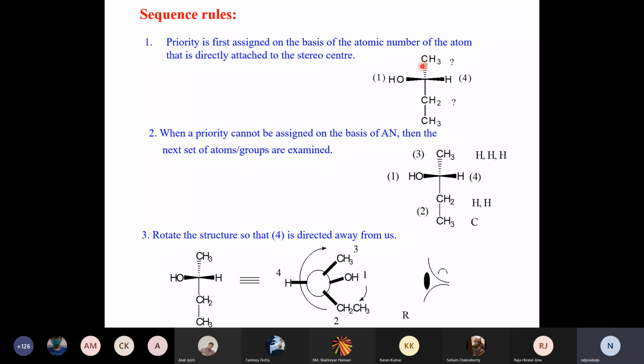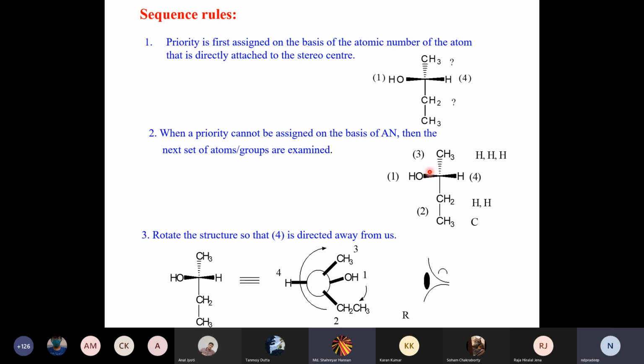That is the first. Then you make it clockwise or anti-clockwise depending on the direction. If you make it clockwise, then you call it what? What is clockwise, R or S?